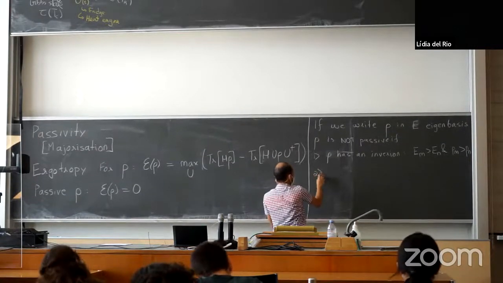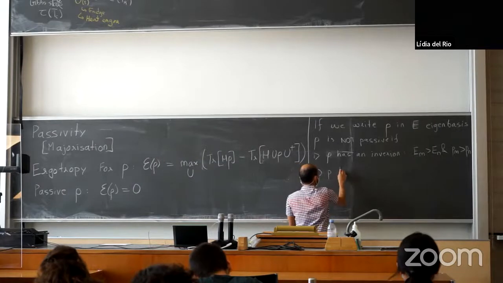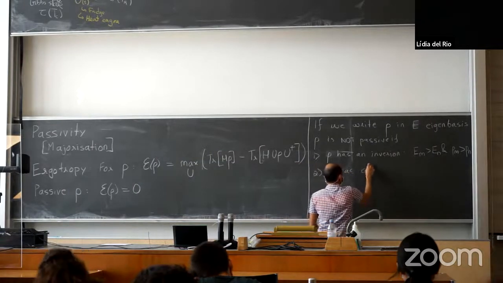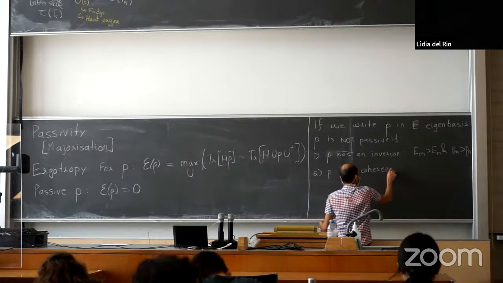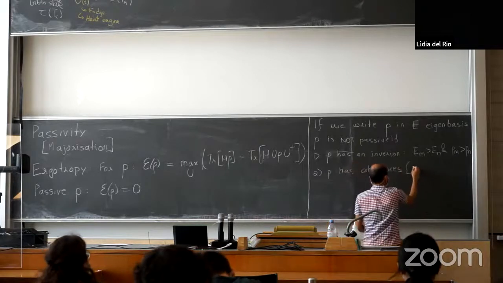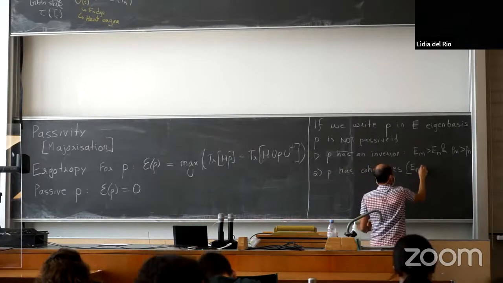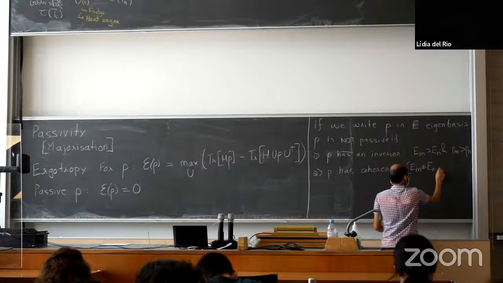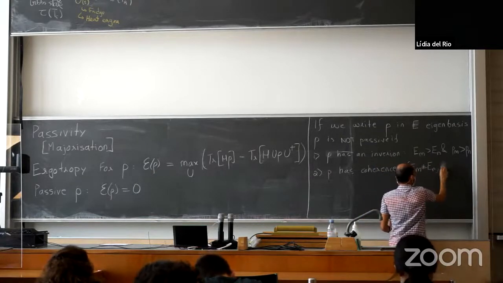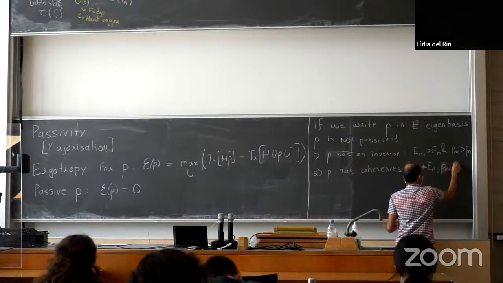The other condition when rho is not passive is if rho has coherences, which, just to remind myself, means E_m is not equal to E_n and rho_mn is not equal to 0.